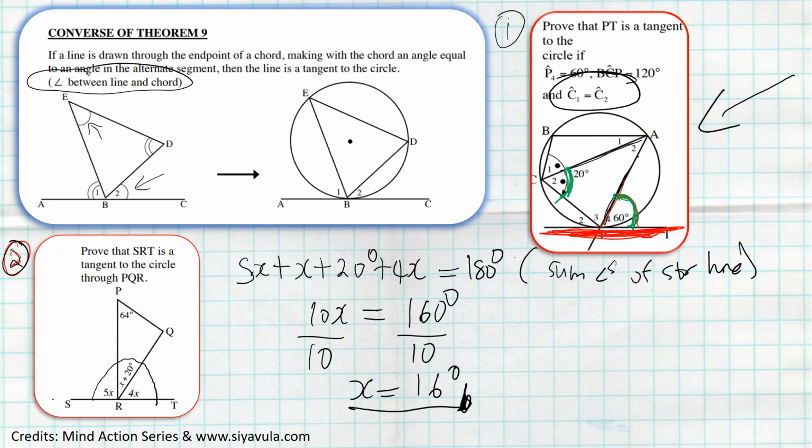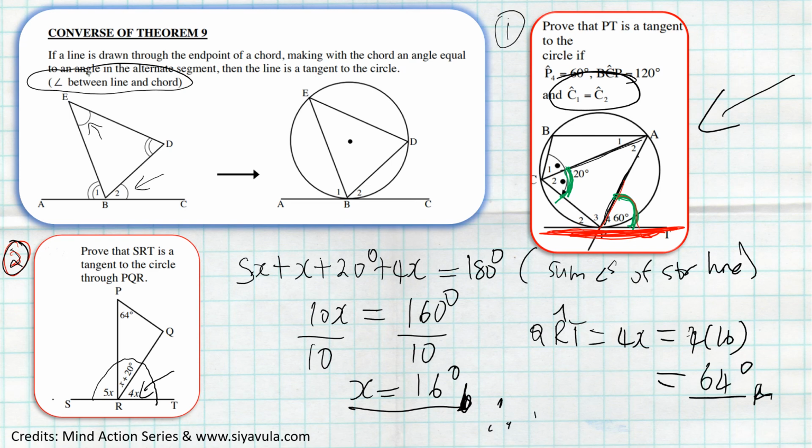We can now put our x there. So we are saying angle QRT is equal to 4x. Where there is x, we're just going to put 16. So 4 times 16 gives us 64 degrees. Meaning that we can see that angle QRT is actually the same as angle P, because both of them are equal to 64 degrees.